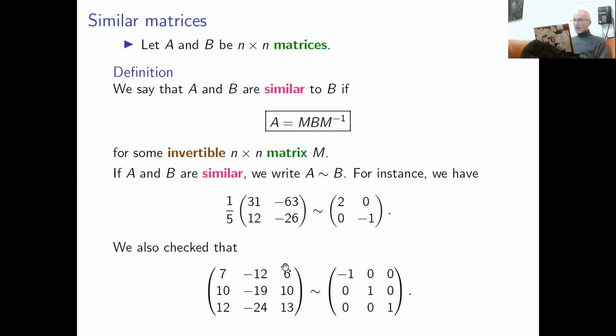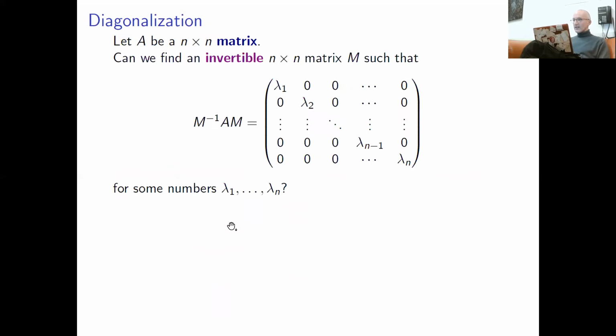Okay. These two examples, this definition and our theorem on the previous slide bring us to one very important motivational question for the whole lecture. The question is the following. For a given n times n square matrix A, can we find an invertible matrix M such that M inverse times A times M is a diagonal matrix?